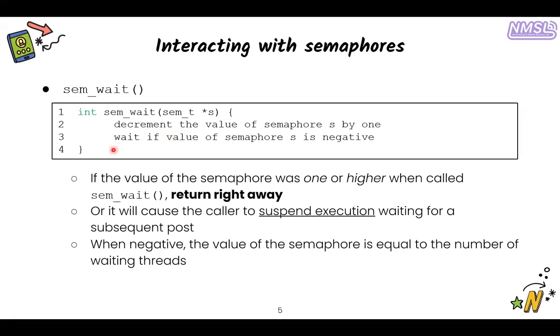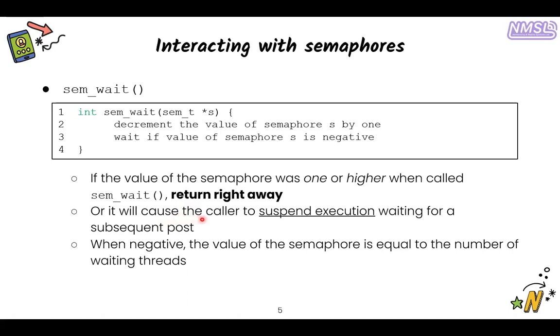However, if the value of the semaphore, when called, is 1 or higher, then you just return. Okay, so if you have semaphore wait, and the value of S is 1 or higher, you just return and keep executing.